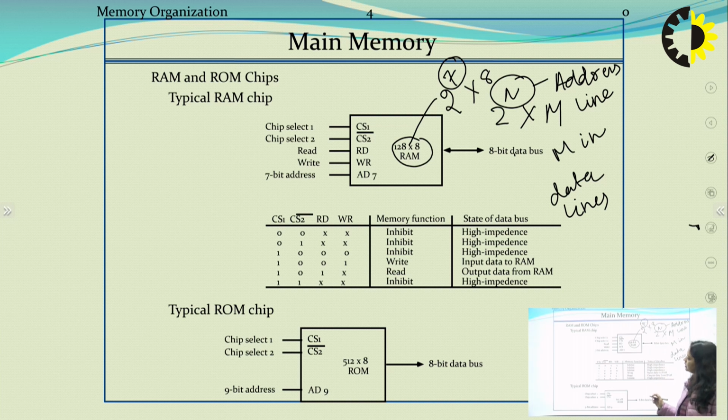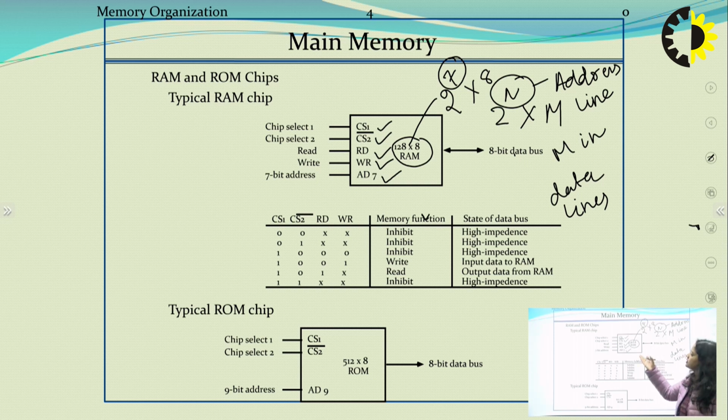Here we have 5 input lines. These are namely CS1, that is chip select 1, then CS2, chip select 2, RD, the read line, WR, the write line, and AD7, the address line which is going to select this particular RAM chip.